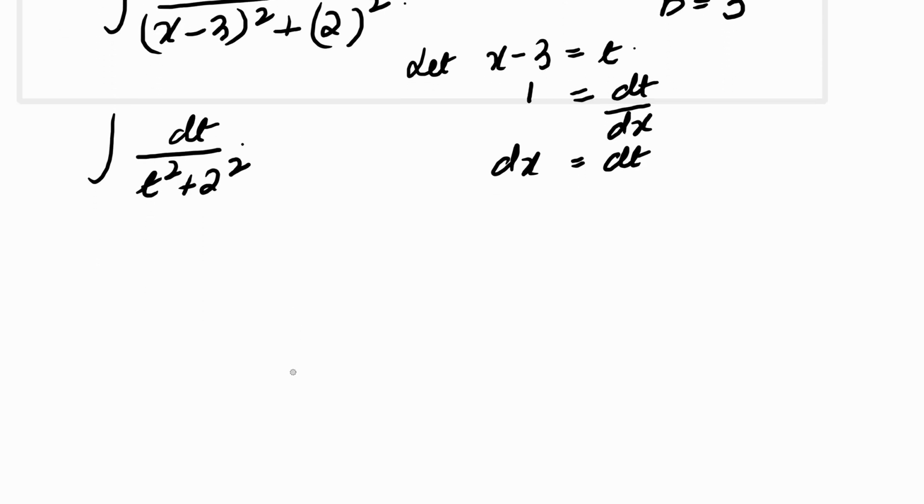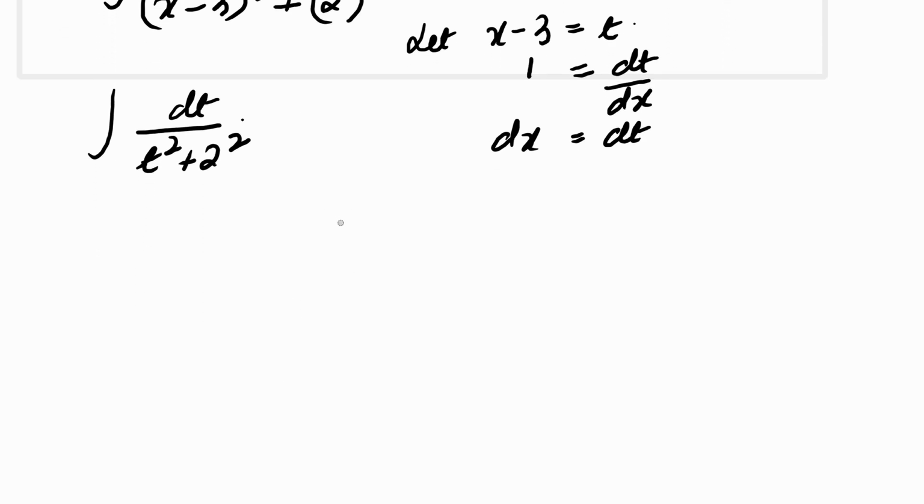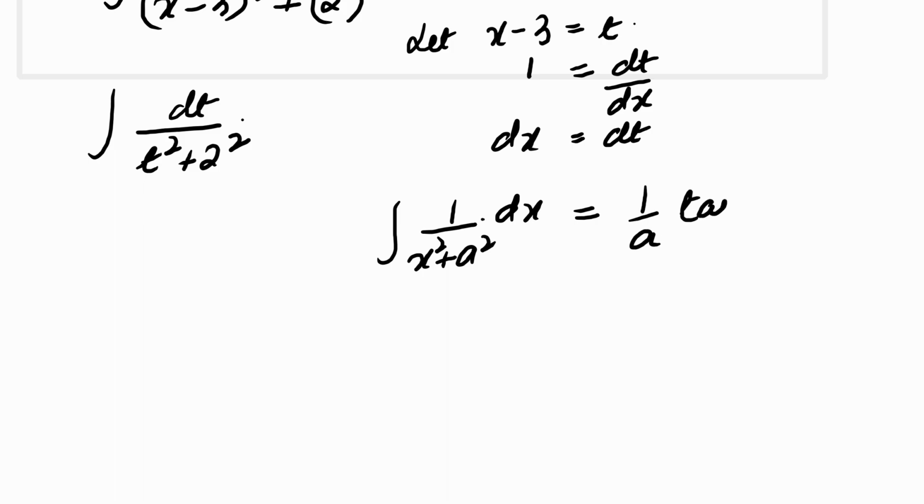Now once I reach here, I will use a formula. The formula is that the integral of 1 upon x square plus a square dx becomes 1 upon a tan inverse x upon a plus c.